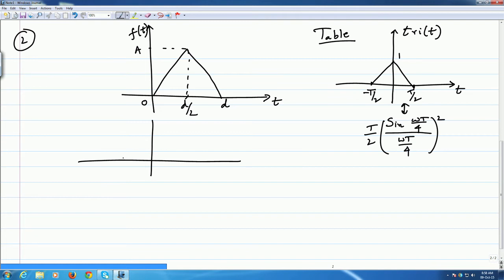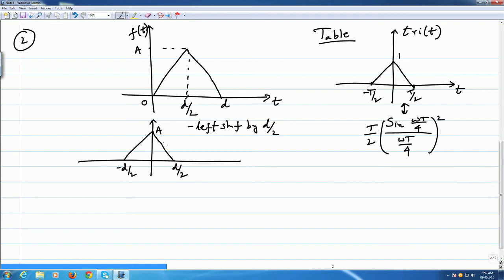You get minus d by 2, and then this is a. So I'm shifting left by d by 2, and I get this signal, and this one looks close to the triangle.